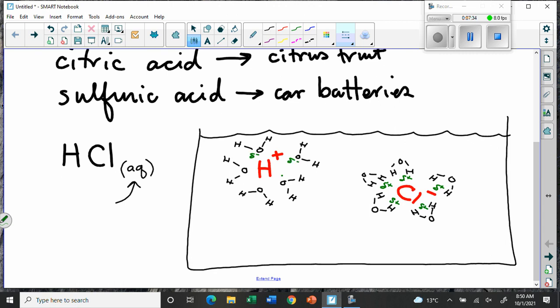It has this polar nature. And that's incredibly important for just about everything that happens inside water. And it allows for a lot of chemistry to happen.